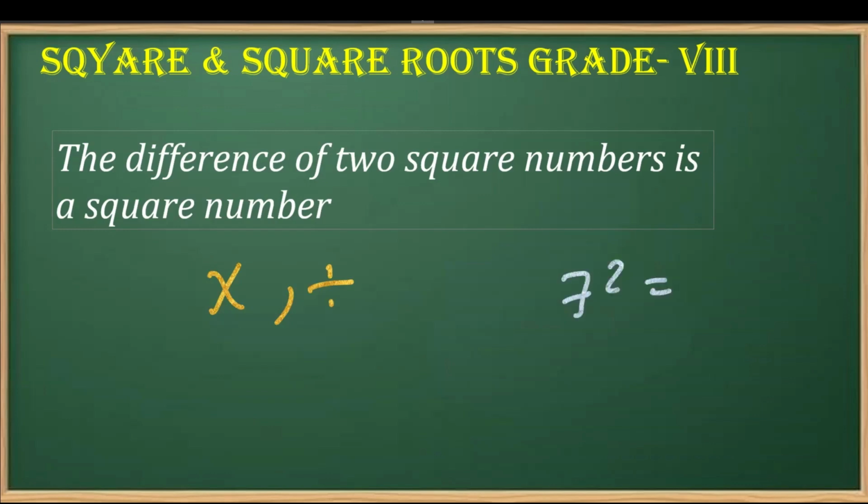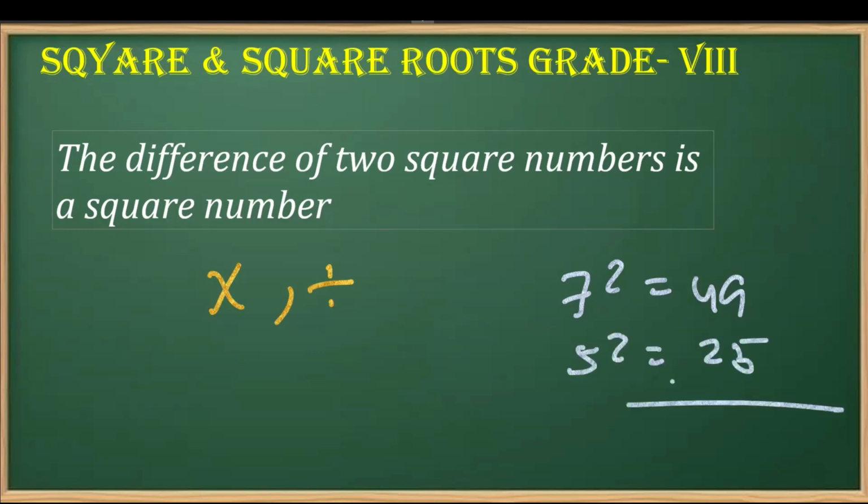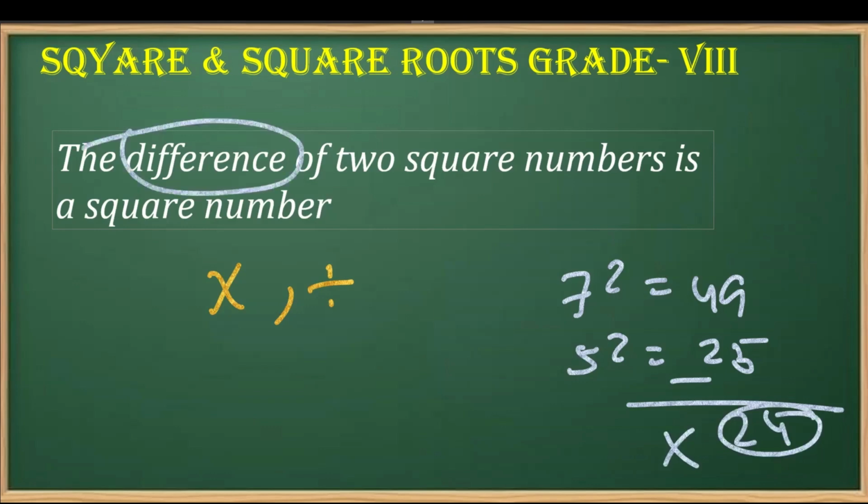If I take 7 square, which is 49, and 5 square, which is 25, and find their difference, 49 minus 25 is 24, and that's not a square number.